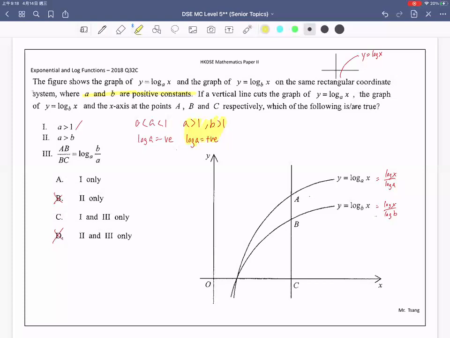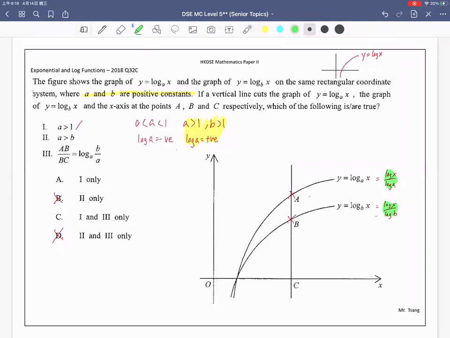Here we compare A and B. If they have the same x value, you can see the y coordinate of A should be greater than the y coordinate of B. Let's say at this point, we use log x over log A to represent, and at this point, we use log x over log B to represent.